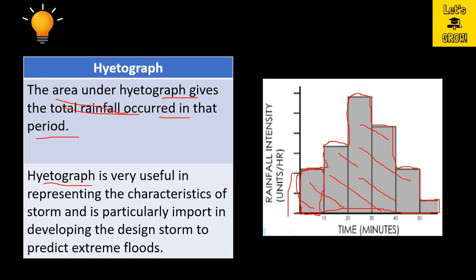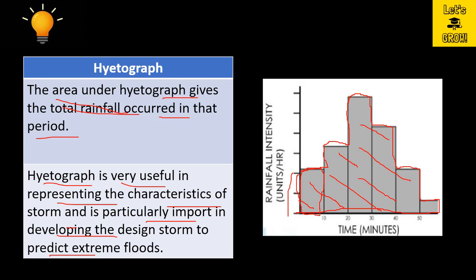The hyetograph is very useful in representing the characteristics of a storm and is particularly important in developing the design storm to predict extreme floods. These rainfall intensity versus time plots are very useful for the design of storm events. Whenever we design a storm network, we need to feed in some rainfall data.